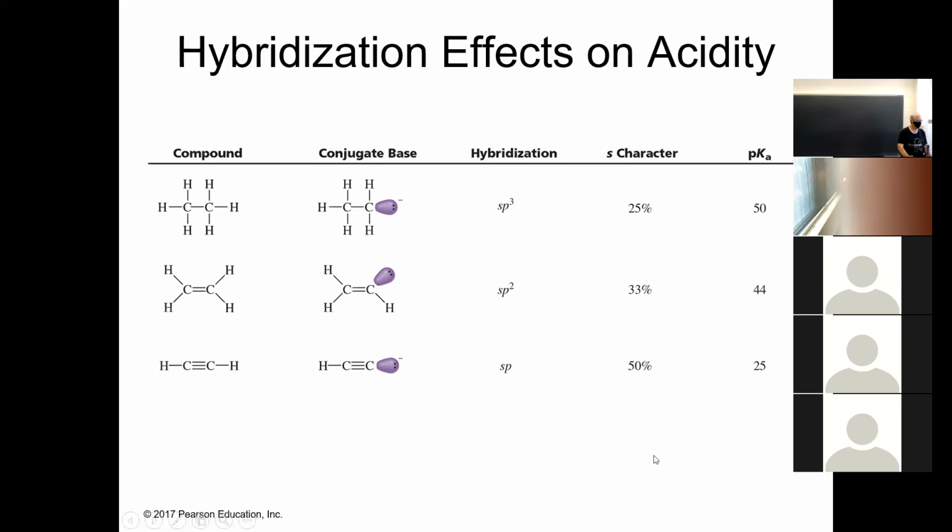So this is tied in with the percent s character. If we combine an s and a p, that's 50% s character. The explanation given is that if there's more s character, the negative charge can be held closer to the nucleus, and that results in greater stability.